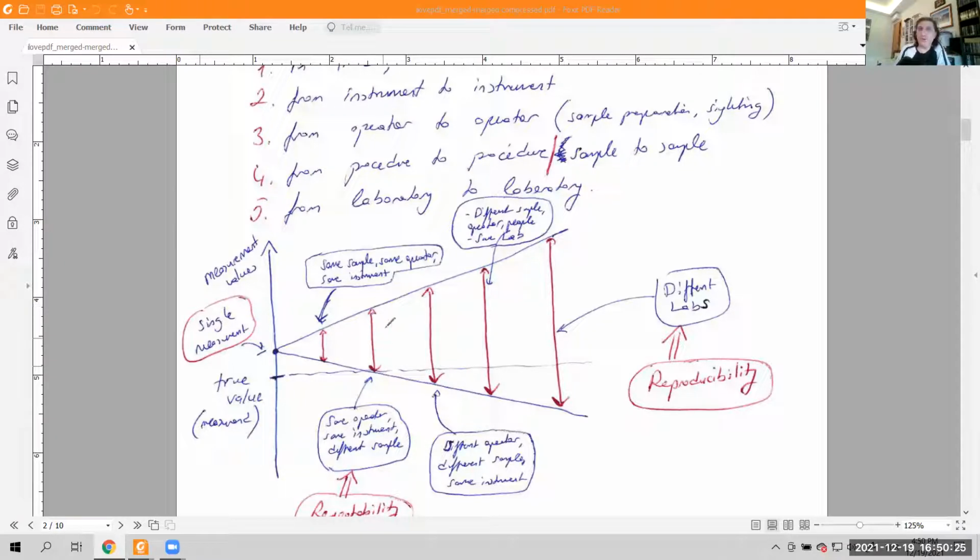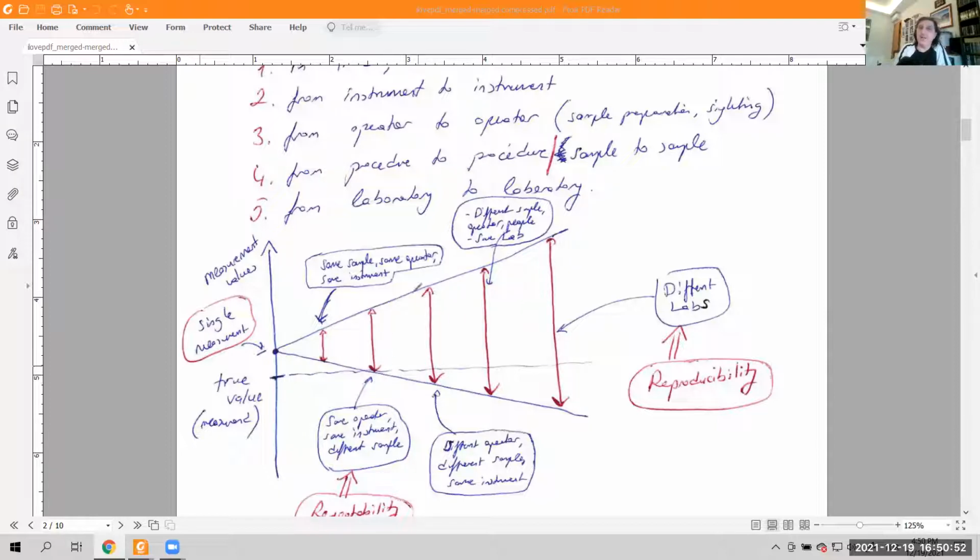If you lose some of these conditions, let's say same operator, same instrument, but different samples. Let's say that for each case, you didn't divide your sample into 3 and put them in your measuring device. You prepared a sample and used it all in your experiment, and you prepared another sample, maybe from another box. Then you perform the experiment.